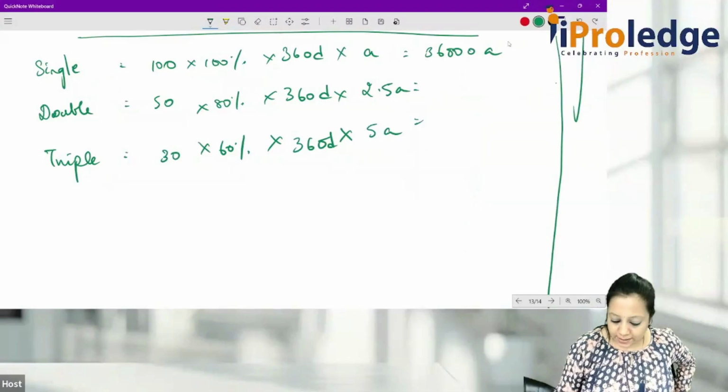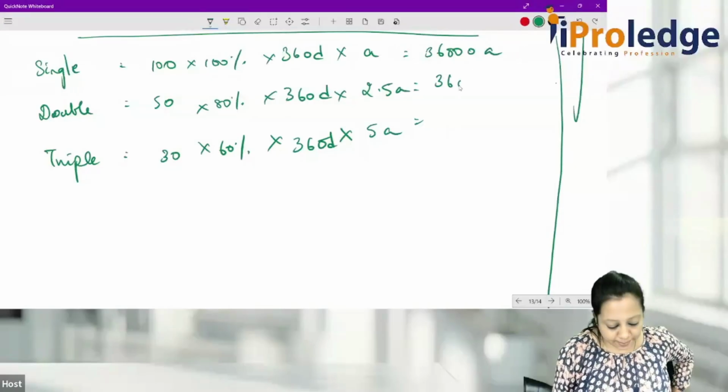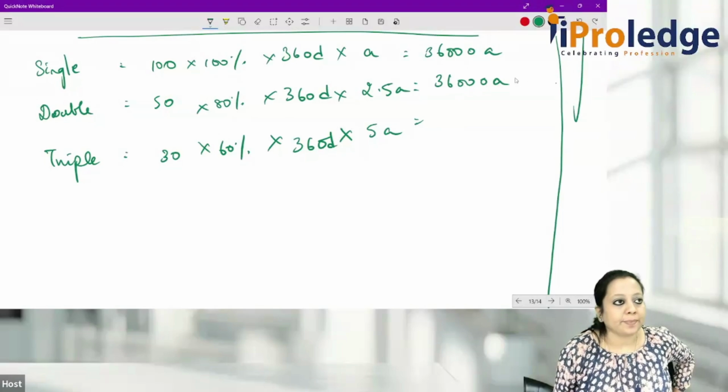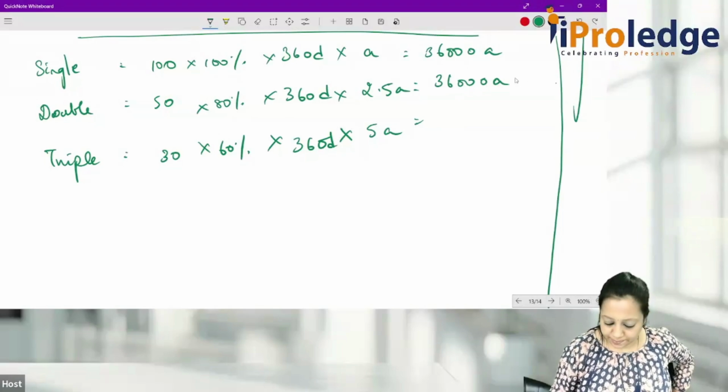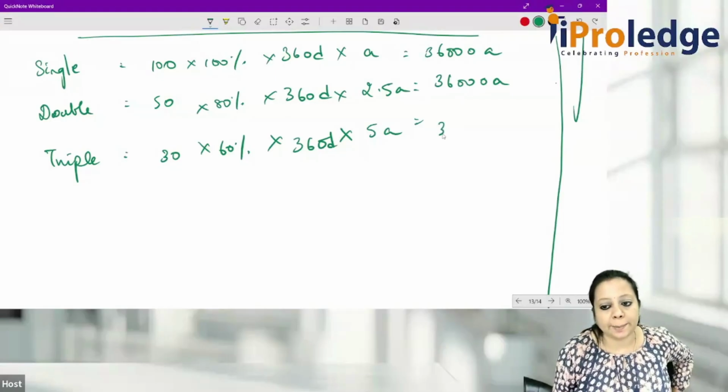Second one, 360 into 50 into 80% into 2.5. This is also 36,008. Okay. And the last one is 32,400.